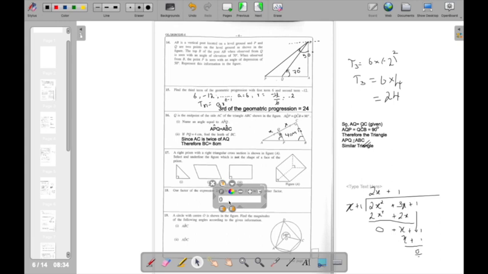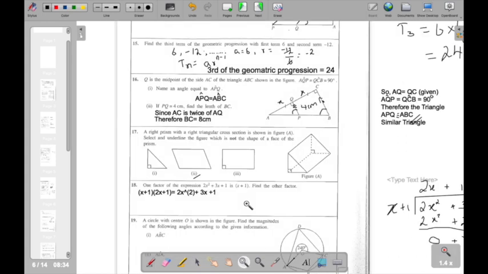Now x plus 1 times 2x plus 1 is equal to 2x squared plus 3x plus 1. Make sure when you do this question that you do this rough work in your paper, so the paper marker doesn't get confused.